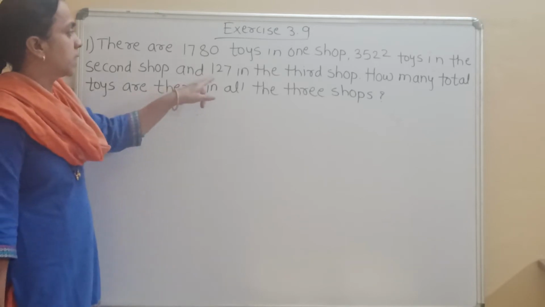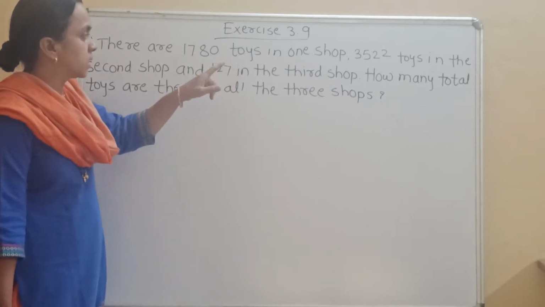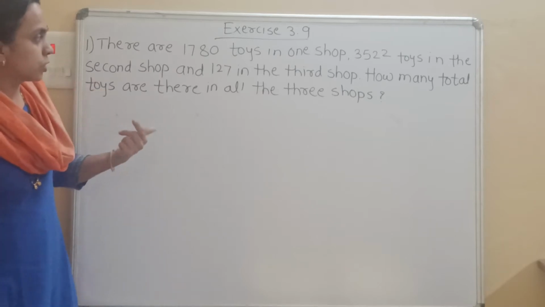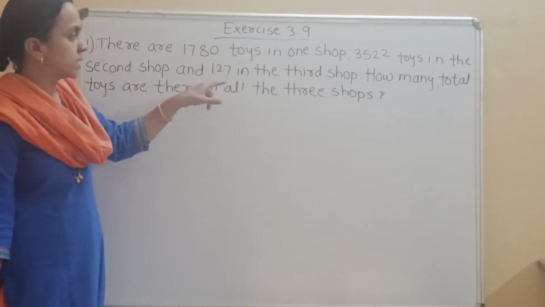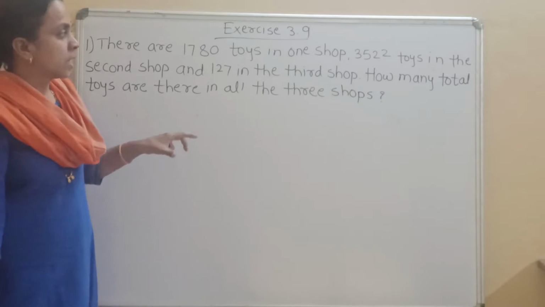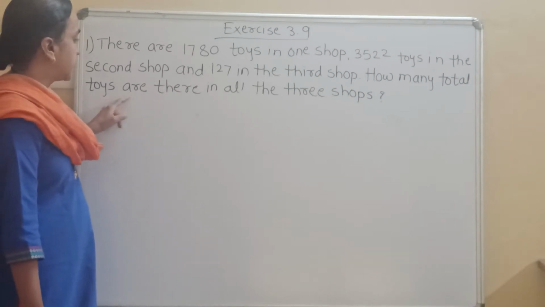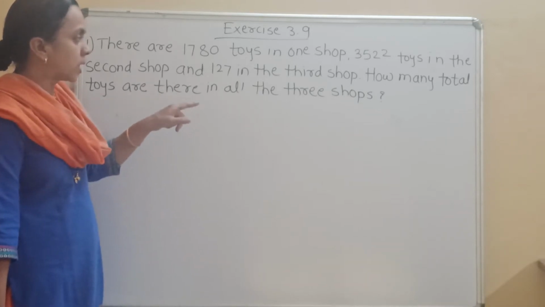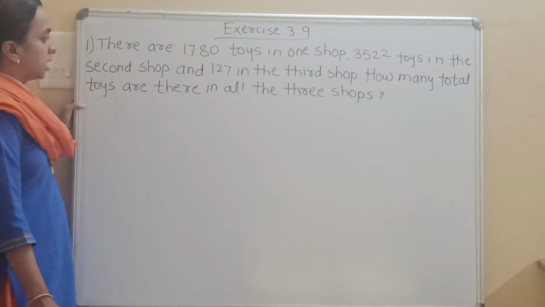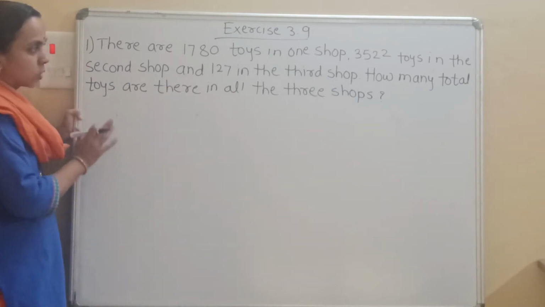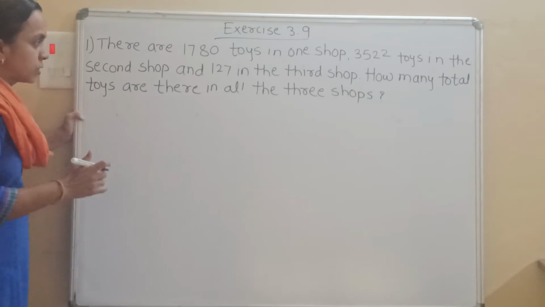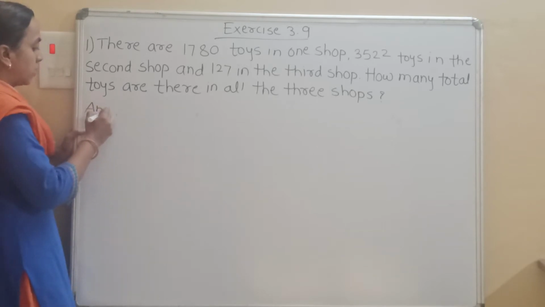And 127 in the third shop. और third shop में 127 toys है. How many total toys are there in all the three shops? ये तीनों शॉप में total toys कितने हैं? So what do we have to do? We have to do addition here.